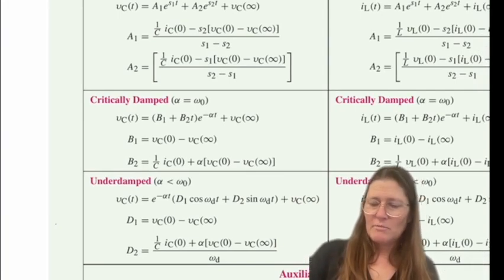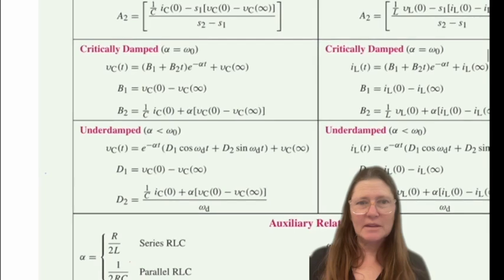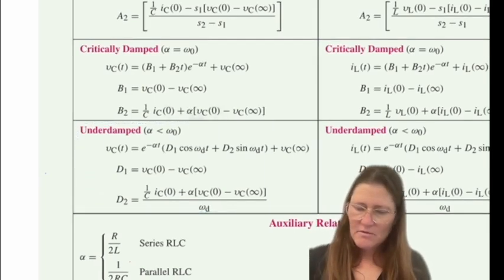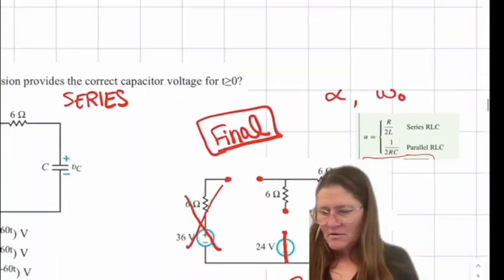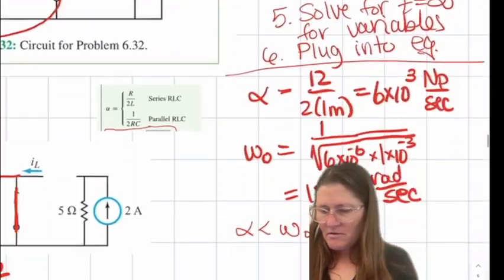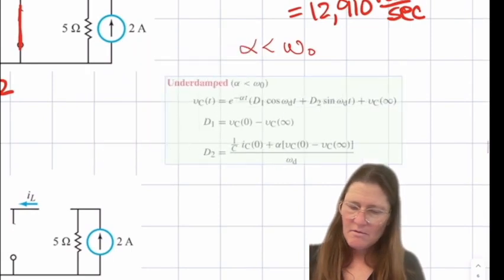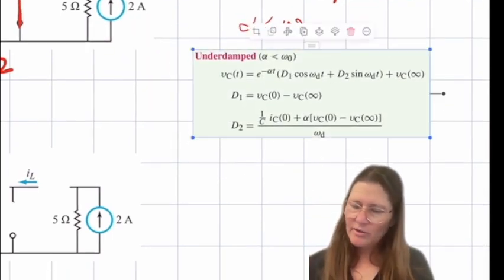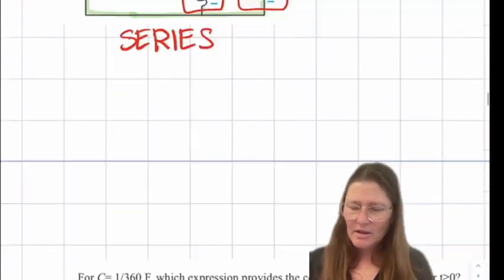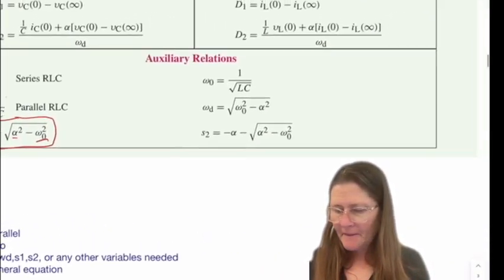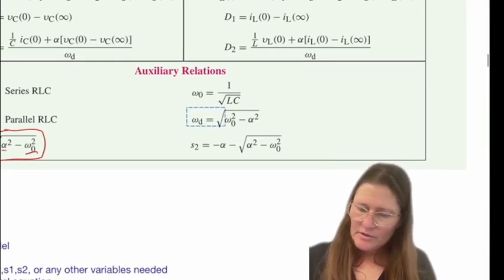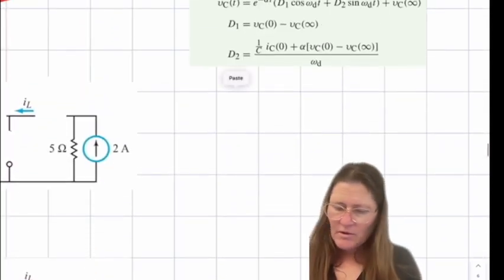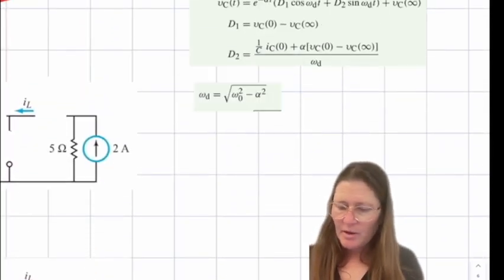So we have underdamped when it's less than. So underdamped, and then in this one we also have omega D. So we also need to find that one.